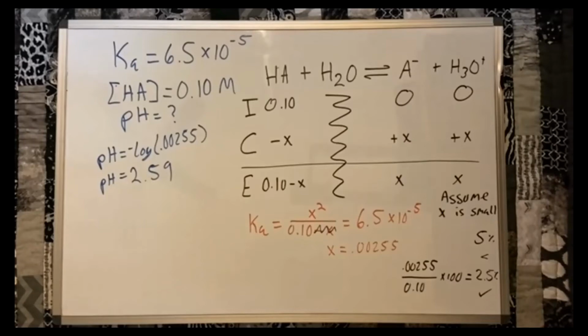When you have a base, it'll work the same way, except you'll do negative log, you'll get that answer, and then do 14 minus that answer. Exactly. So if I had this, but I was doing a base instead.